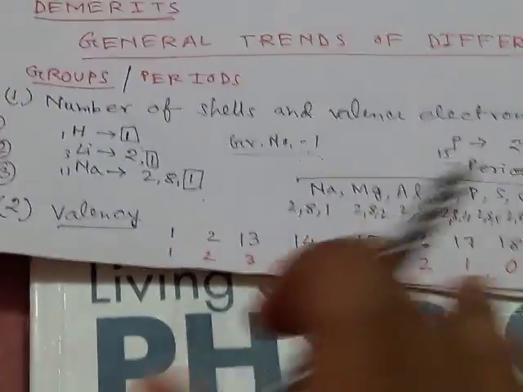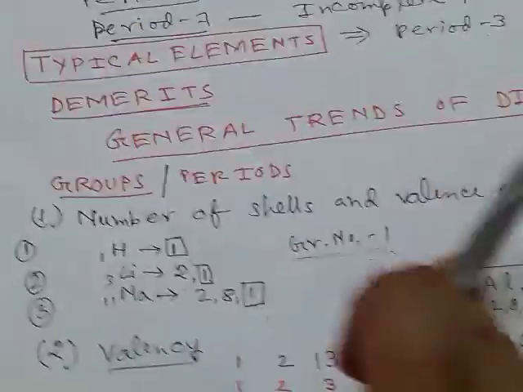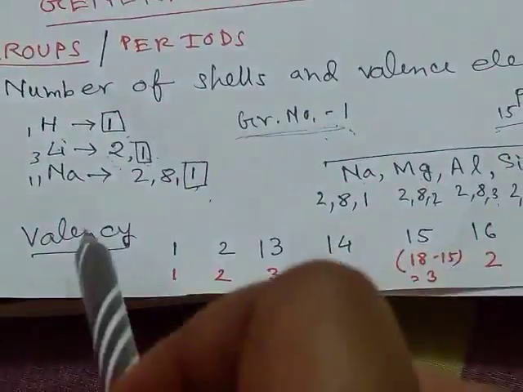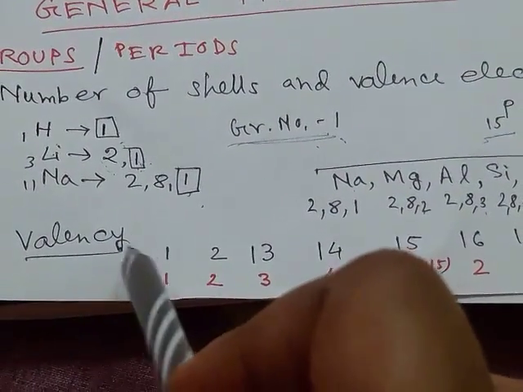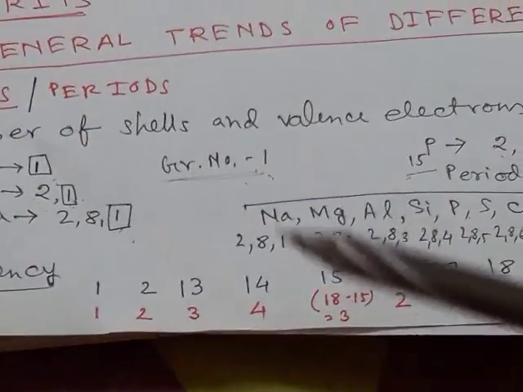Now, the valency of any element is the number of electrons it can donate or accept.